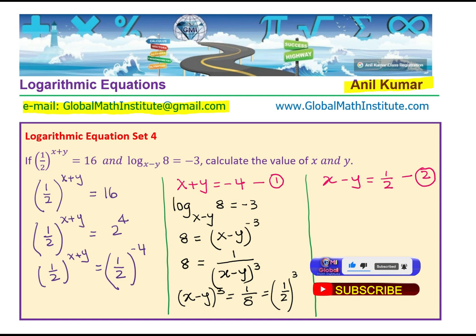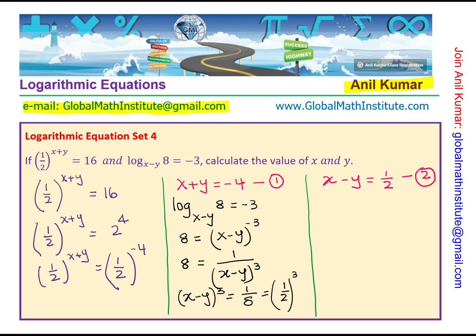So now we have two different equations, one with x plus y equals minus 4, the other one x minus y equals half. Now it is simple. What happens if I add them up?